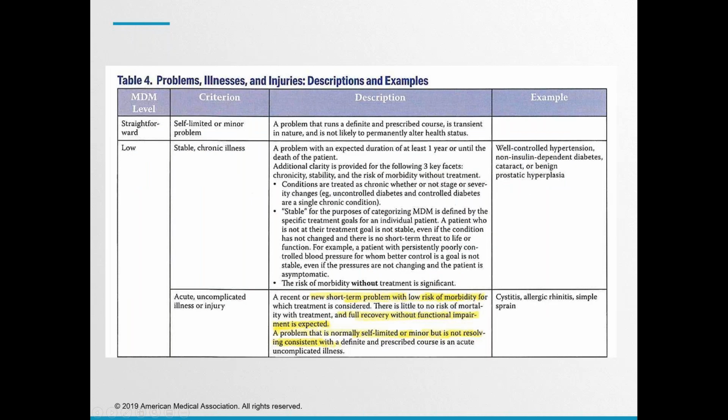And the AMA actually puts out a very nice listing here. I'm going to give you the link for that later on. But it basically defines, well, what do you mean by a stable chronic illness? What do you mean by acute uncomplicated illness or injury? So they give us the descriptions, and additionally, you get some examples of what would constitute those particular problems.